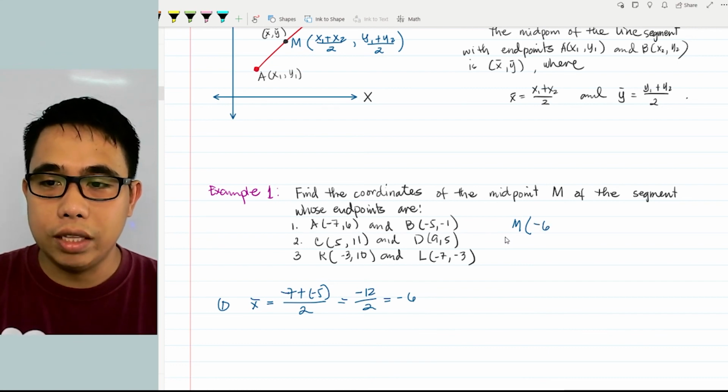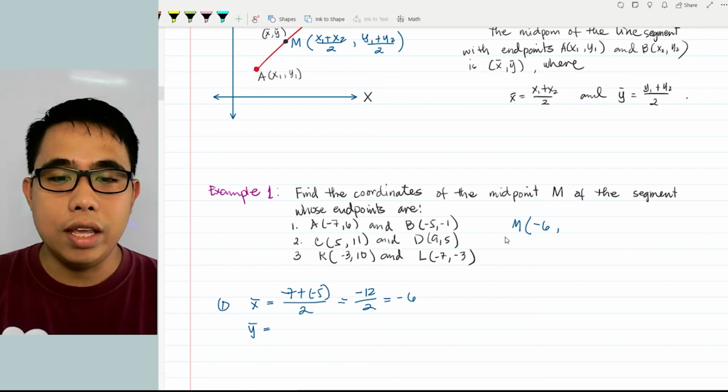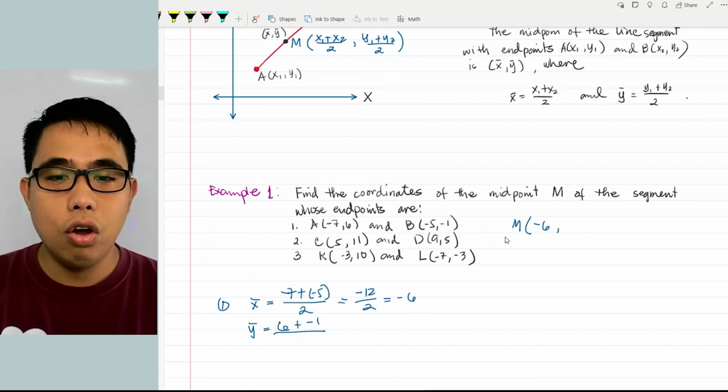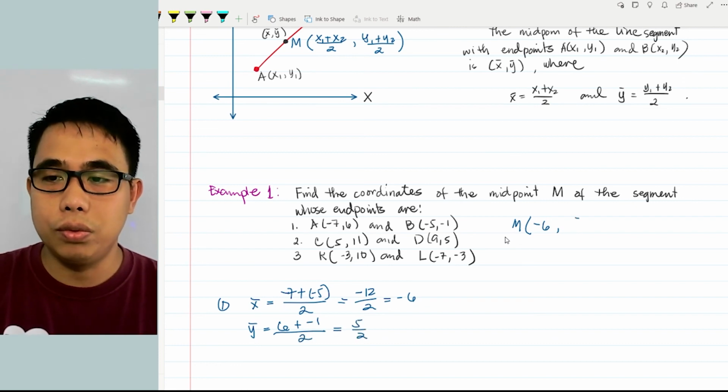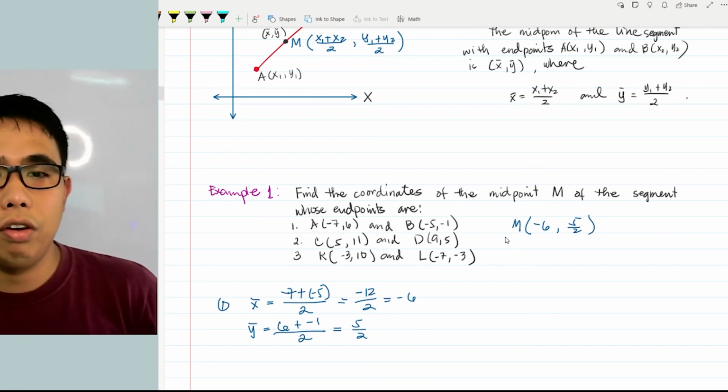So that will be -6. And then the y-coordinate is 6 plus -1 over 2, so that is 5 over 2. Okay, that will be the midpoint of number 1.